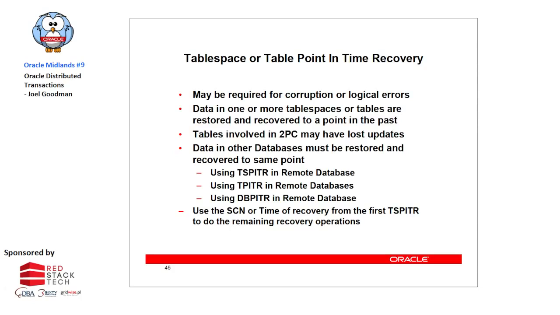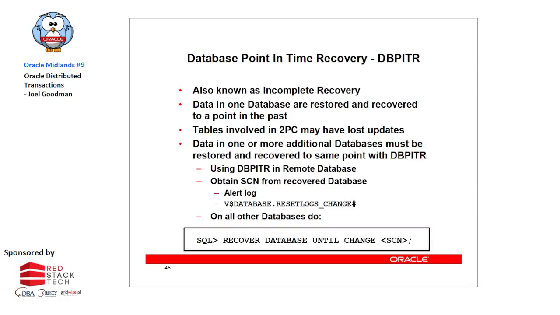Data in other databases must be restored and recovered to the same point, as I've just said. Database point in time recovery, same thing. Whichever way you do it, you have to get those objects to the same global SCN. That's my message. So that, plus the fact that your tables remain locked when you're in doubt, that's a lot to take on board about the dangers of having things go wrong in a distributed environment.